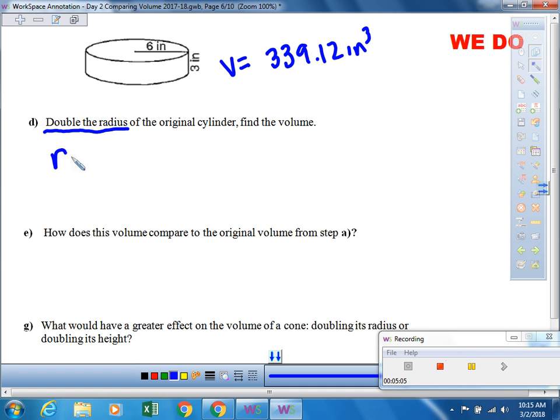So your new radius is going to be what? 12. Okay, once you double the radius, I want you to find the volume. Keep the same height.